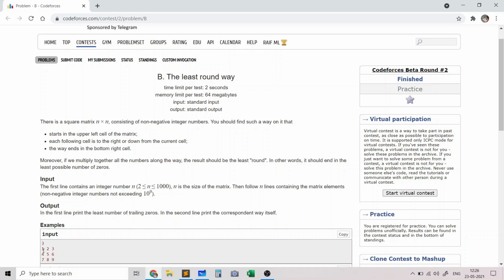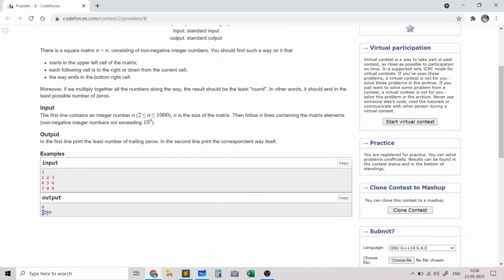So in the input we are given this square grid or matrix of size n by n, and in the output we need to print on the first line the least number of trailing zeros, and in the second line we need to output the way. So in the way we need to output down and right because each step is either down or right.